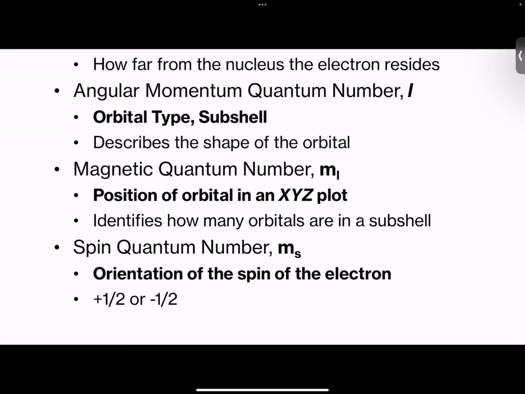Folks, what I just described to you is not much different than an address. Let's say we're trying to find where you are right now.